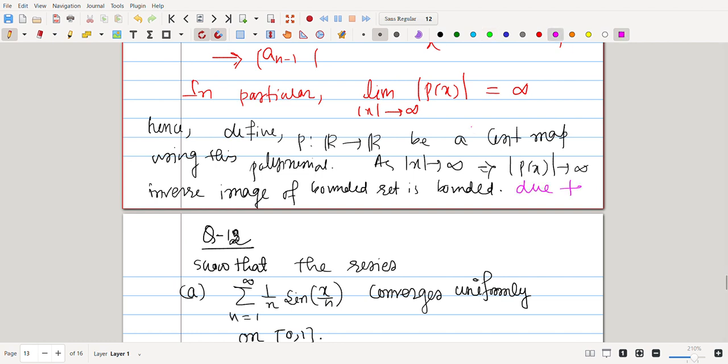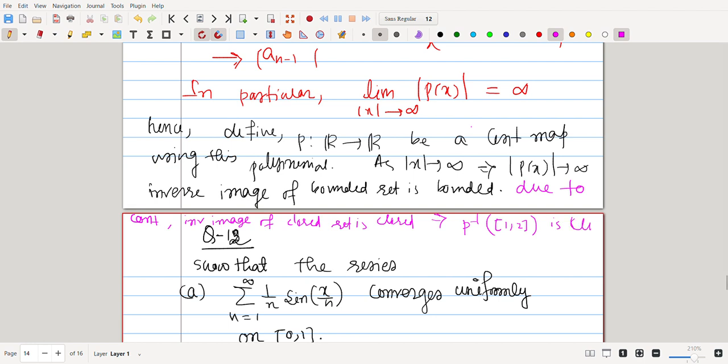And due to continuity, inverse image of closed set is closed. This will imply P inverse 1 comma 2 is closed and bounded. Hence compact.